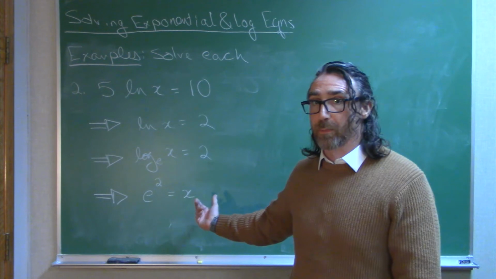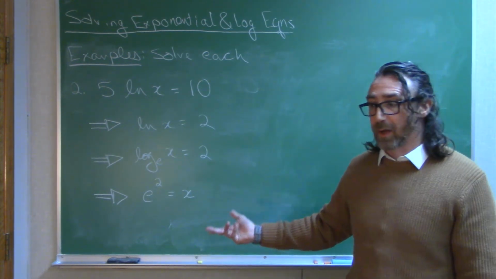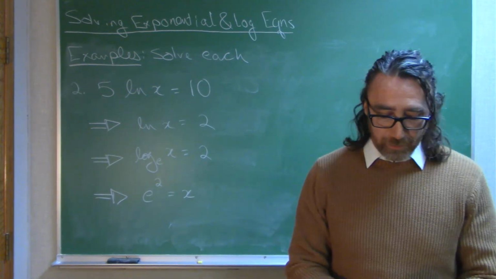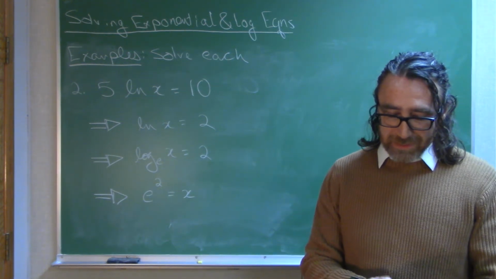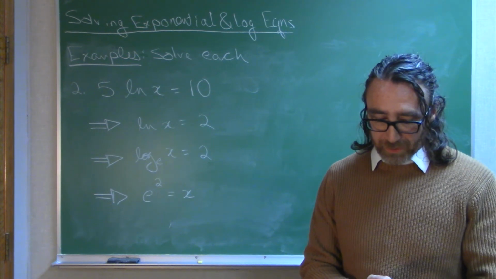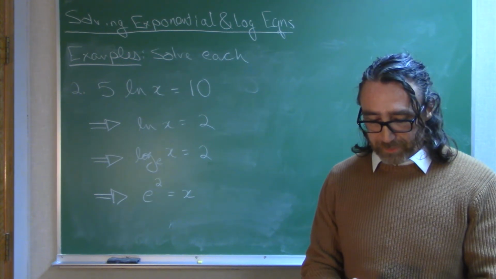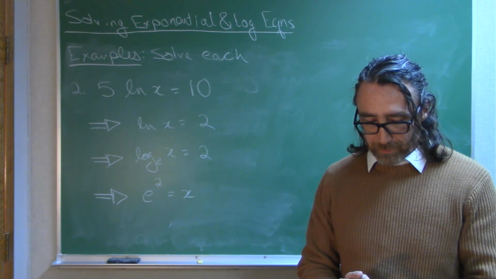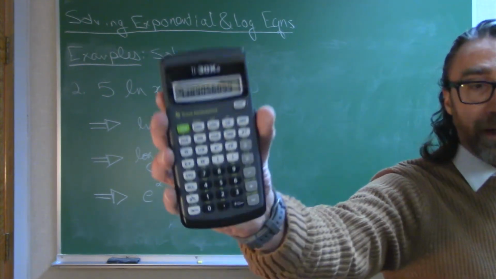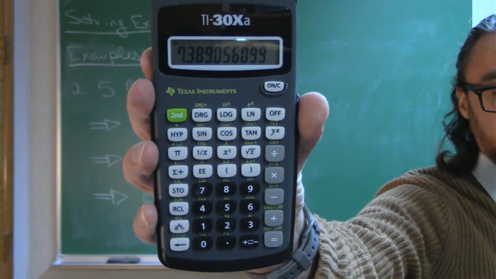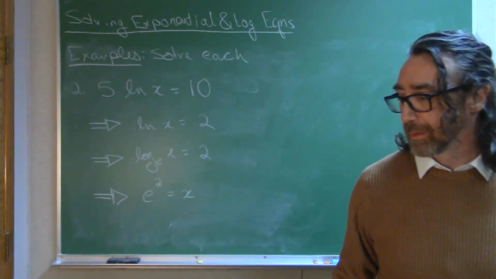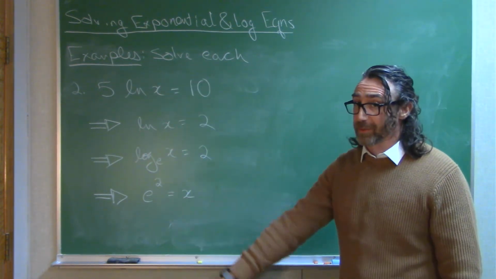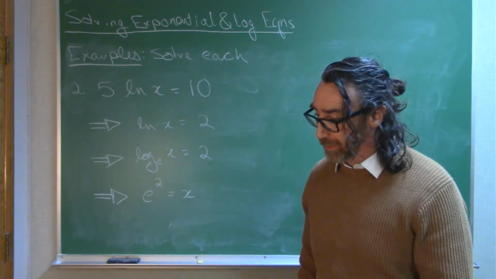If you want, you can approximate e to the second on your calculator. So that's my calculator's approximation for e squared. But this is good enough. This is the exact answer. My calculator is only giving an approximate answer.